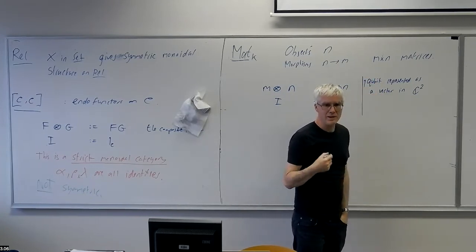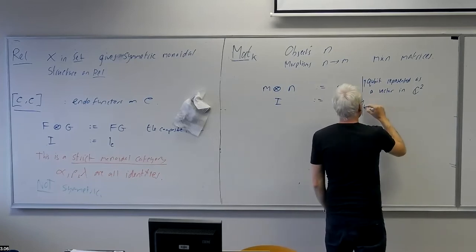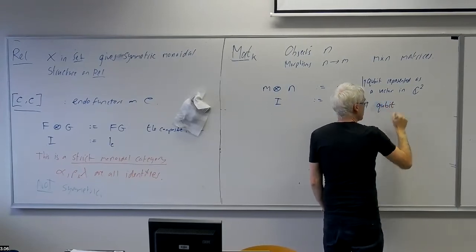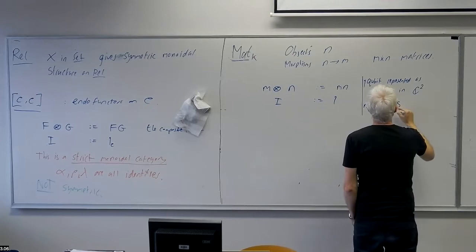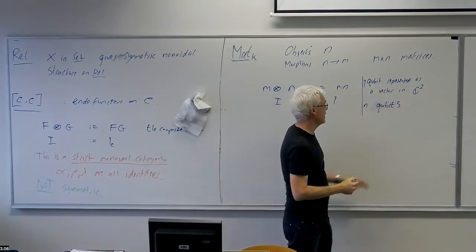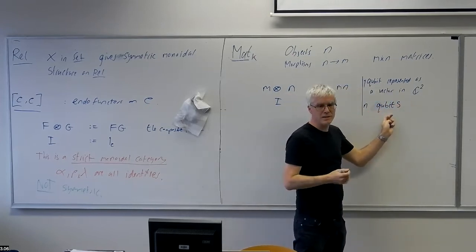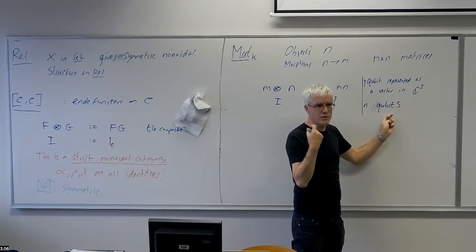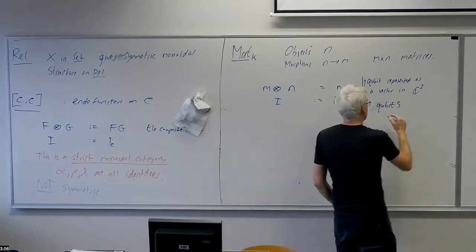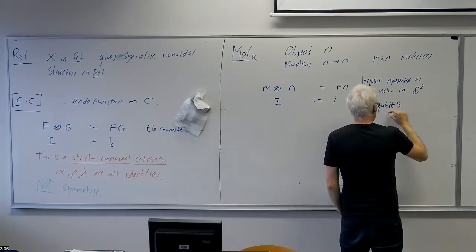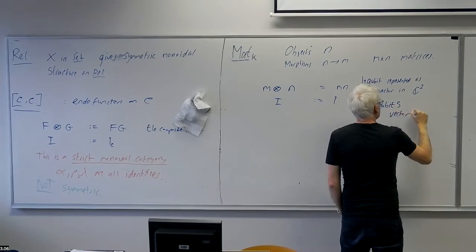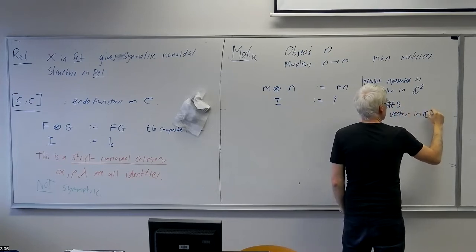But if you've got n qubits, so you've got n bits, so there are 2 to the power of n classical configurations that those bits can be in. So n qubits are represented as a vector in C to the 2 to the n.